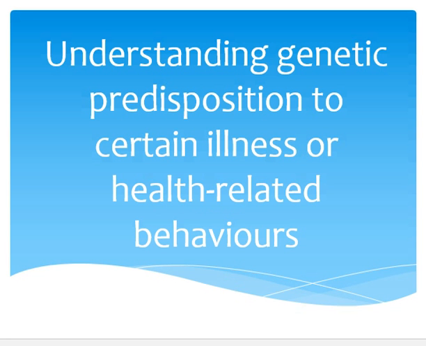Understanding genetic predisposition to certain illnesses and health-related behaviours. While it is difficult to determine the extent to which genetic inheritance influences behaviour, there is considerable evidence suggesting that genes do have a role in behaviour. One example is infantile autism, a rare disorder which affects about one child in 2,000.